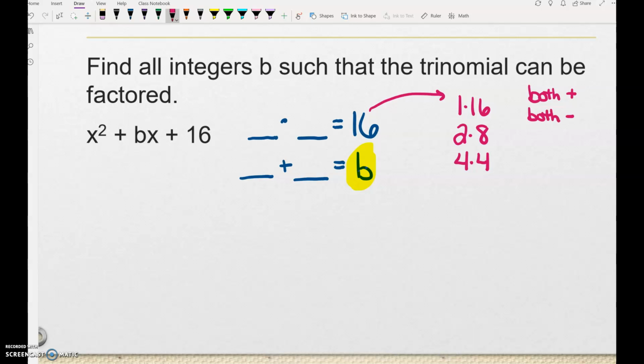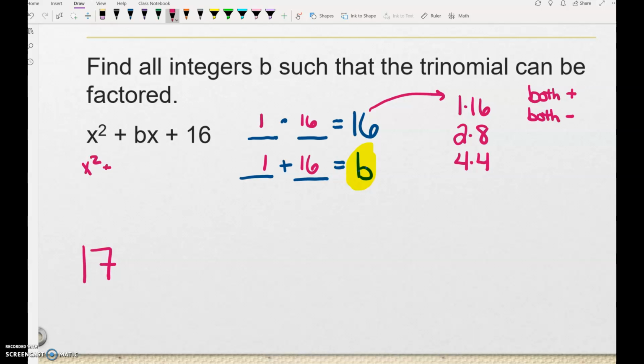So positive 1 times positive 16 would be positive 16. Negative 1 times negative 16 would also be positive 16. So if I used 1 and 16, what would b be? 17. 17 is one of the numbers that b could be in order for this to be factorable.